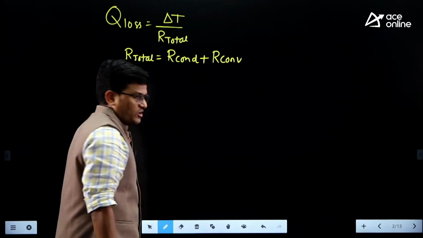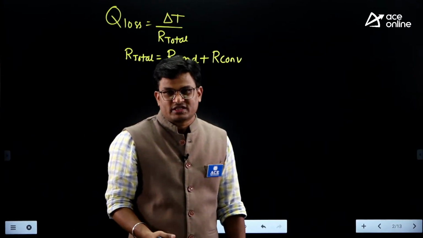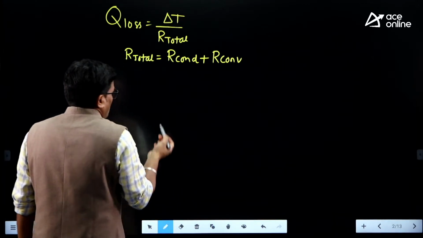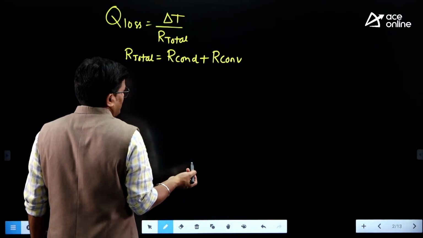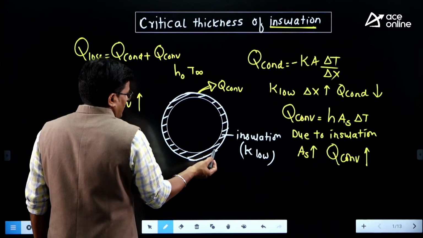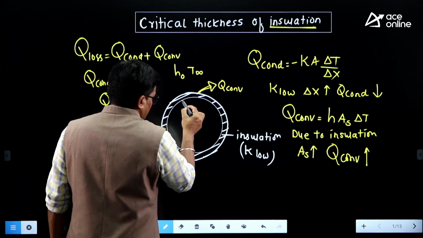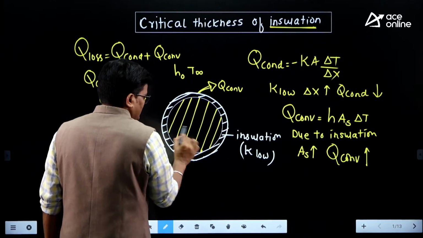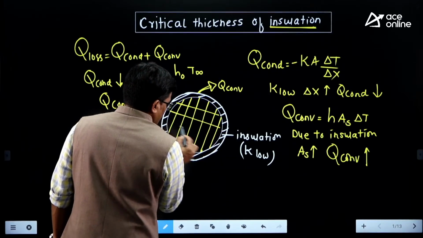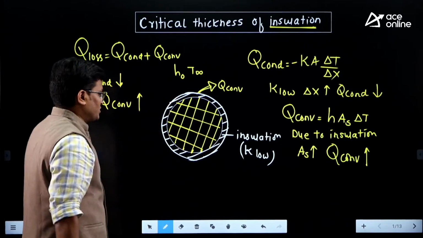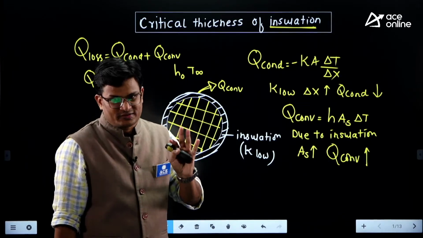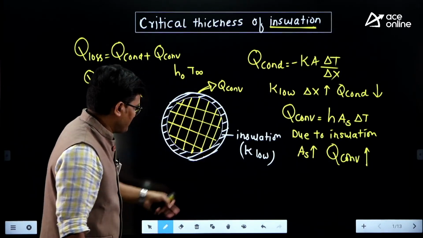Make sure that during the critical thickness of insulation, we are neglecting radiation, so there is no radiation at all. And one more thing you need to understand, this pipe or sphere resistance we are not going to consider. We are going to consider the resistance offered only by insulation, not by the pipe itself.